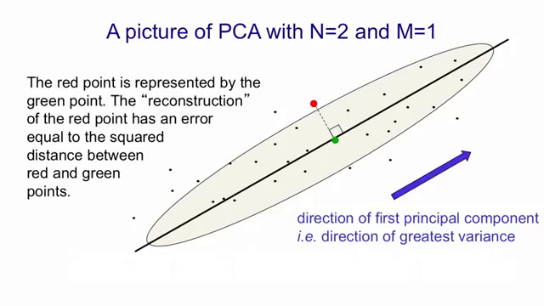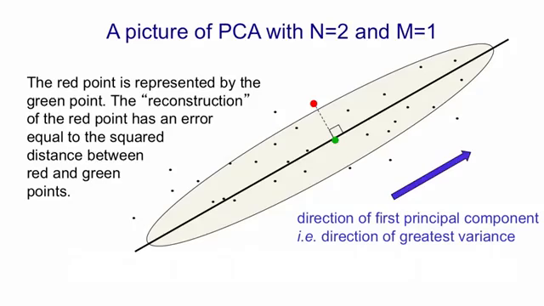When we need to reconstruct the red point, what we'll do is simply use the mean value of all the data points in the direction that we've ignored. In other words, we'll represent a point on that black line. And so the loss in the reconstruction will be the squared difference between the red point and the green point.